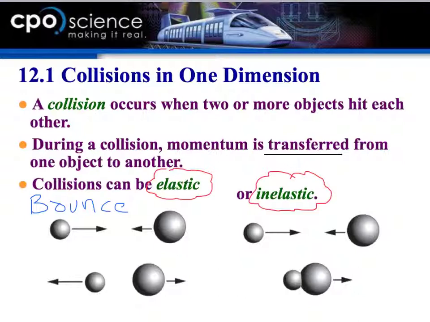You might see this with a ball or cars. If cars hit each other and then kind of bounce off, that's an elastic collision. When you think elastic, think they bounce. An inelastic collision is when two objects hit each other and stick together. So after the collision, they would be stuck together and they would move off together in the same direction.